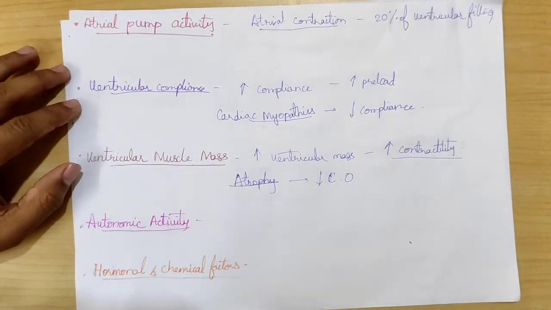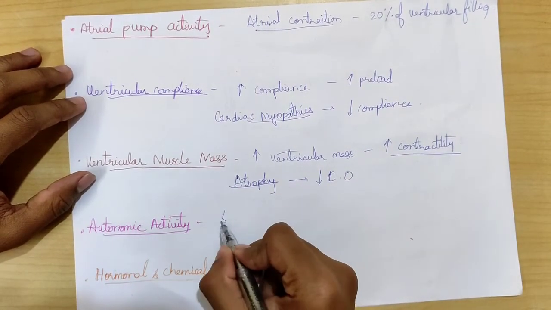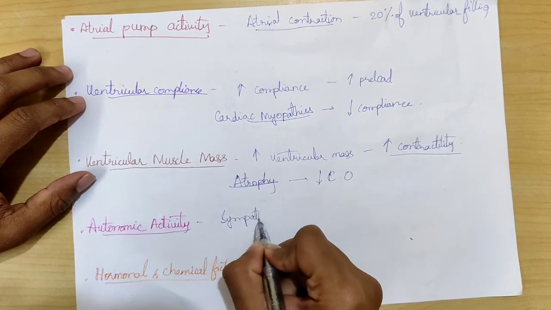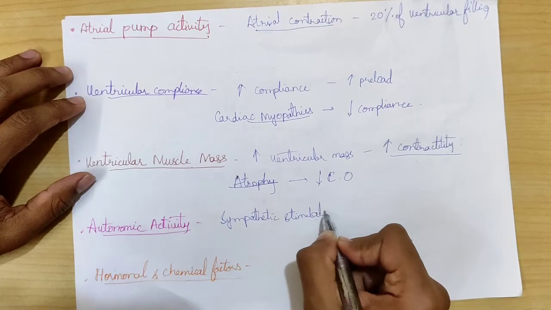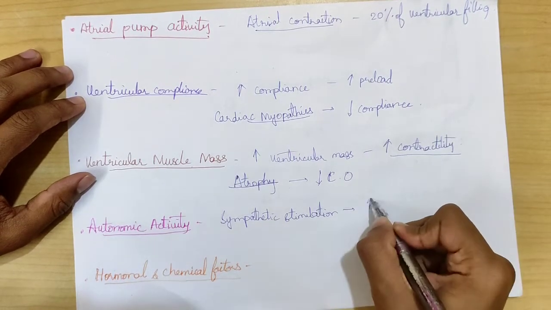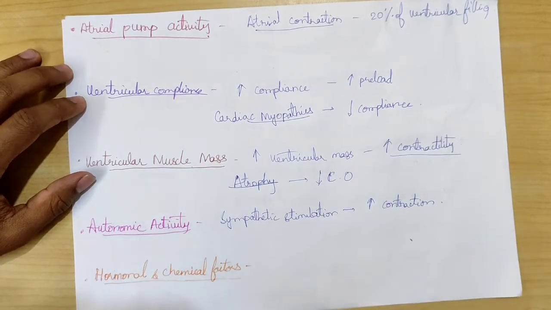The next factor affecting the myocardial contractility is the autonomic activity. The sympathetic stimulation increases the contraction of the heart. So therefore it controls the myocardial contractility.